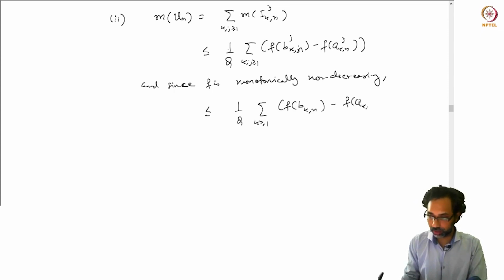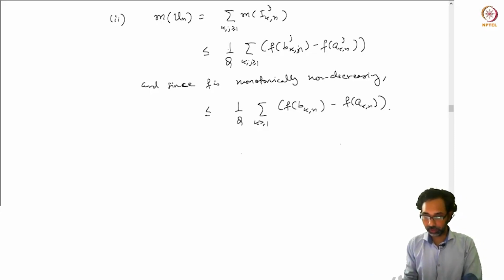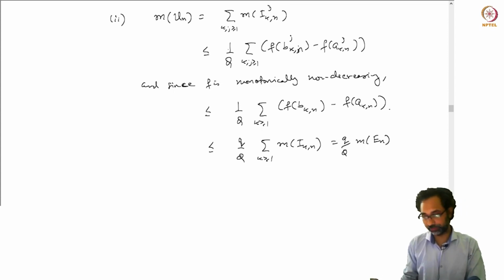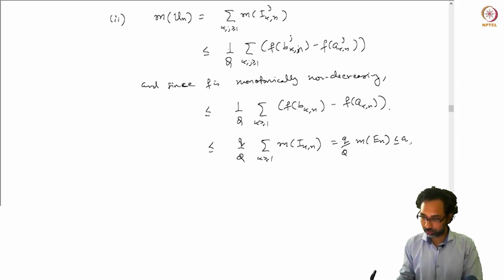and if you just sum over j, then it is going to be less than or equal to f(b_{k,n}) minus f(a_{k,n}). And now again, because of the rising sun inequality that we had earlier, this is less than or equal to q over Q, sum over k greater than or equal to 1 of m of I_{k,n}, but this is the set q over Q m of E_n, and this is less than or equal to q over Q m of I_n.